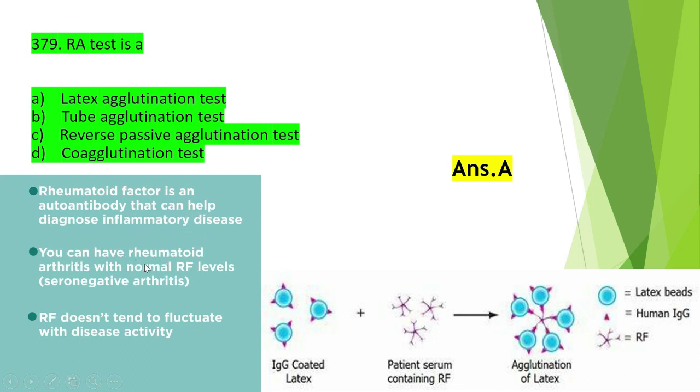You can have rheumatoid arthritis with normal rheumatoid factor levels, and RF, the rheumatoid factor, doesn't tend to fluctuate with disease activity. In this test, the IgG coated latex binds with the patient serum containing rheumatoid factor and agglutination of latex occurs. In this way the RA test is performed. That is the latex agglutination test.